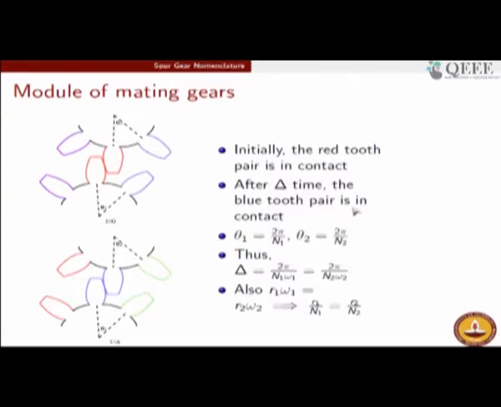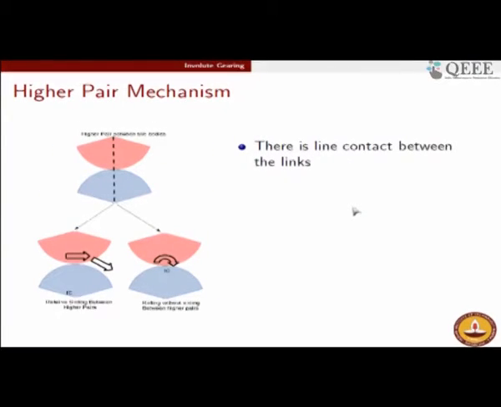Going ahead now, for the next concept, I would like to revisit elementary concepts of mechanisms, just to revive the idea of what a higher pair mechanism is, because we understand our gears are higher pair mechanisms.